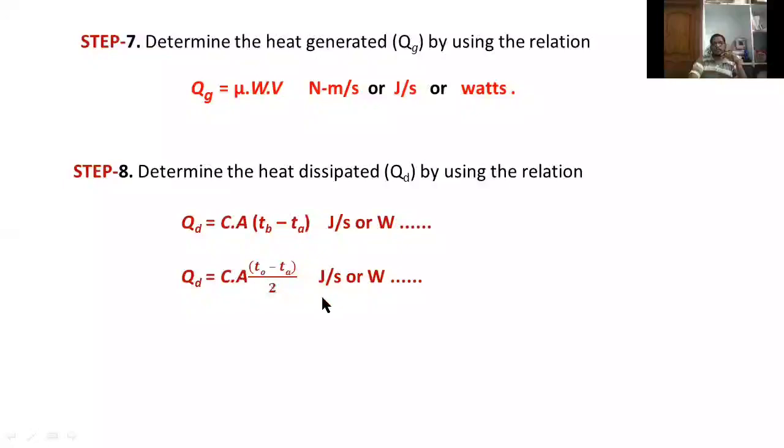By using this formula, you have to find the amount of heat dissipation. The units for heat dissipation are the same as for heat generation.